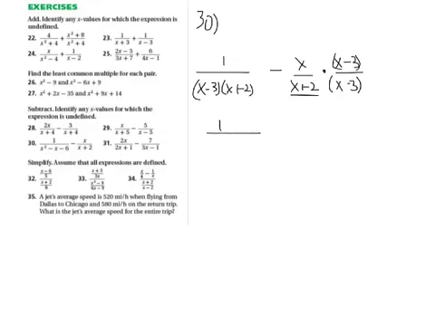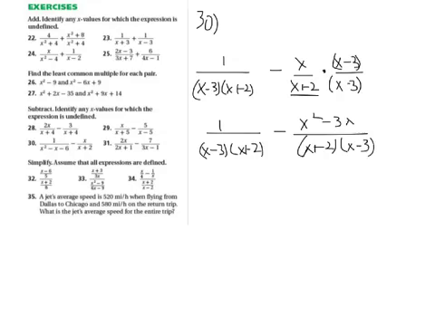So we get 1 over (x minus 3)(x plus 2) minus x squared minus 3x over (x plus 2)(x minus 3).